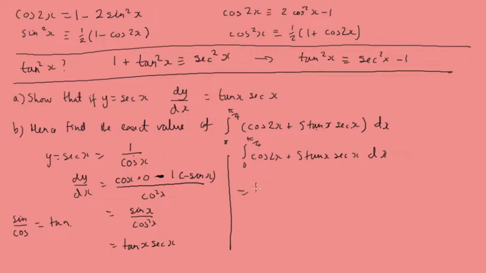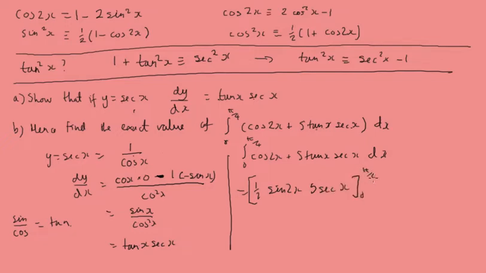So this is going to be a half sine 2x, and here, if the derivative tan times sec comes from y equals sec x, then that's going to be 5 sec x.